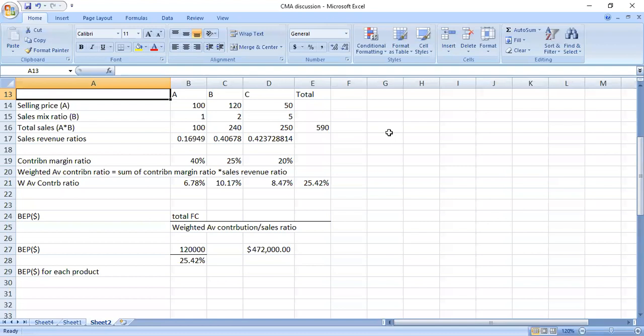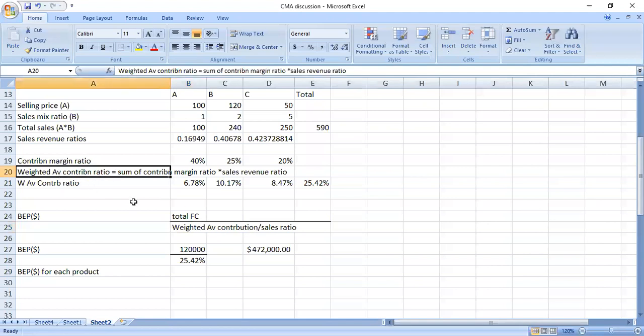We are saying that for you to do break-even revenue, what you call break-even point in dollars in this case, you're supposed to have total fixed costs over the weighted average contribution margin ratio. And for you to get the weighted average contribution margin ratio, the formula is such that you add the contribution margin ratios, having multiplied each by its specific sales revenue ratio.